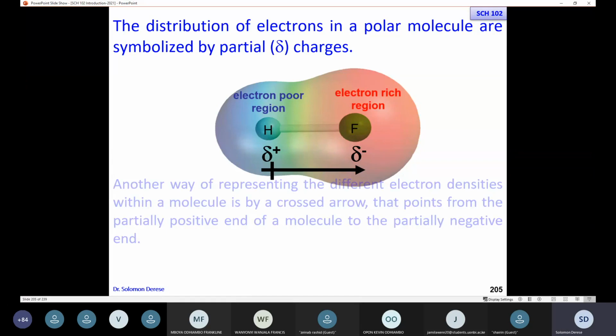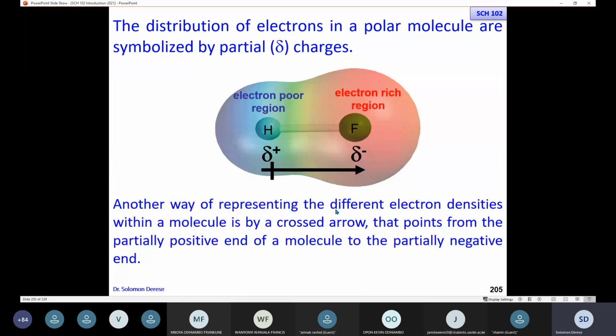Okay, so another way of representing the different electron density within a molecule is by a crossed arrow. And then this crossed arrow points from the partial positive end of the molecule towards the partially negative end of the molecule. Okay, so let's continue on this.